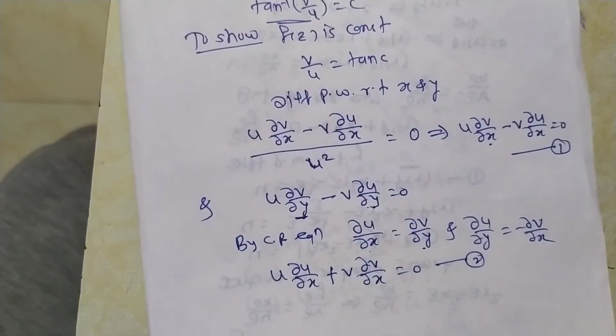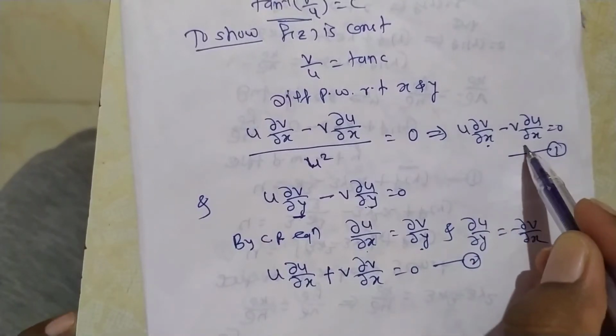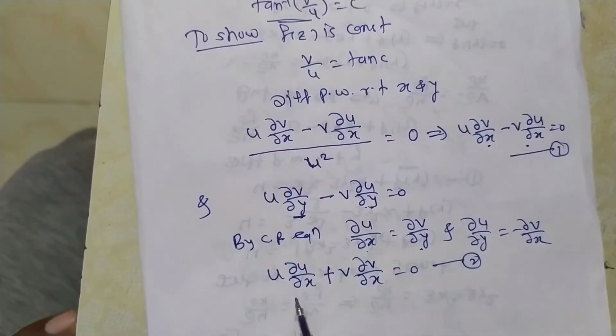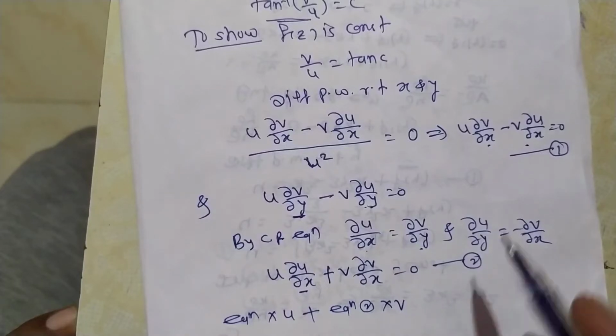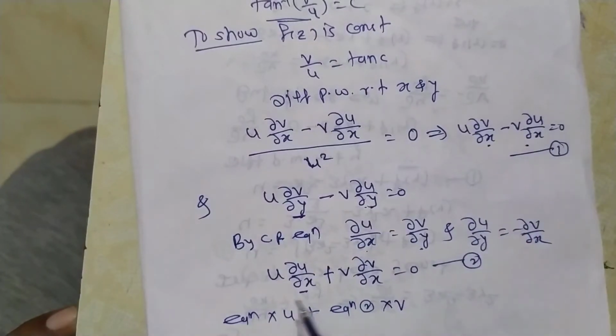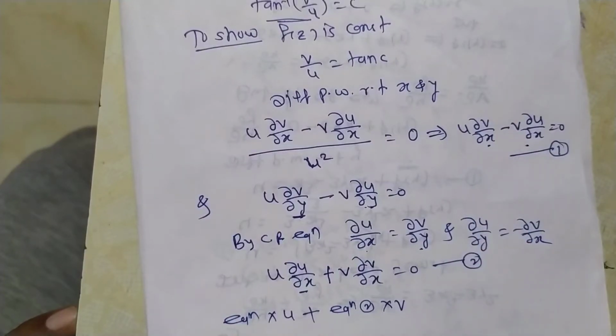From equations 1 and 2, try to find dabba u by dabba x and dabba v by dabba x. In equation 1, the coefficient of dabba u by dabba x is v. In equation 2, the coefficient of dabba u by dabba x is u. So equation 1 multiplied by u plus equation 2 multiplied by v, meaning we have to cancel dabba u by dabba x first. If we cancel it, then we get the value of dabba v by dabba x.